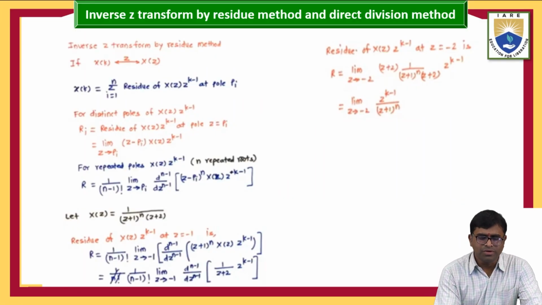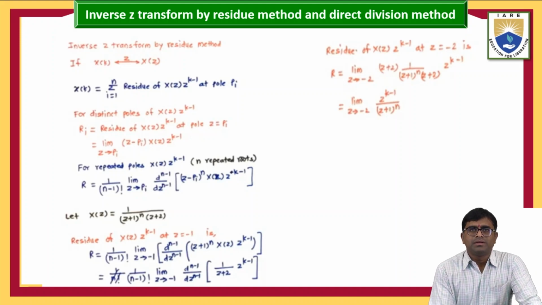In the residue method, the inverse Z transform is defined as follows. If you know x of k, an analog signal or digital signal, anything, and you convert it into the Z transform for analyzing purposes, it becomes x of z.